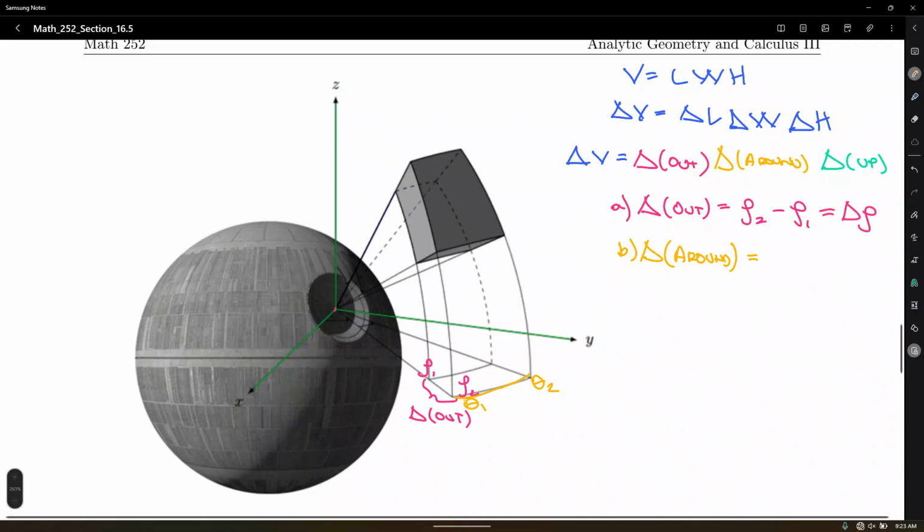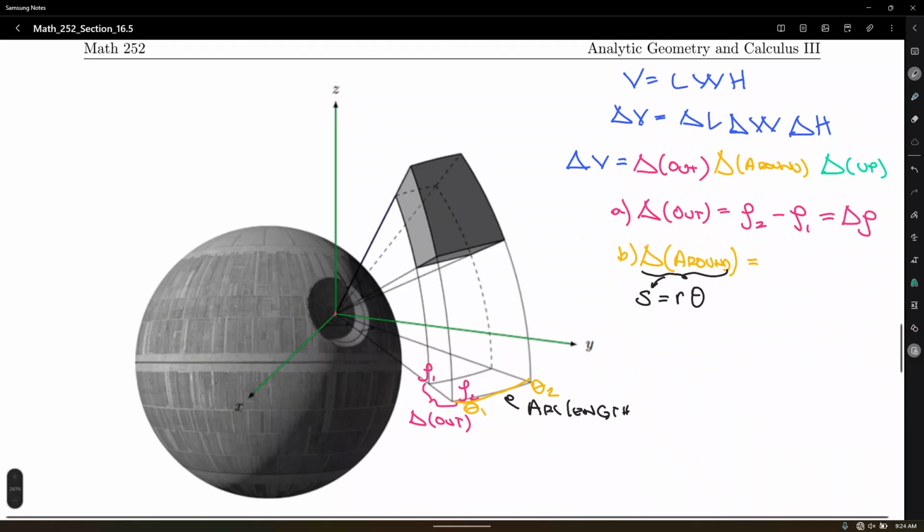So in this case, arc length. Let me do that on the side. S equals r theta. This is going to be our length S, r theta. In this case, we can use the letter r because this projection is a circular projection. It's not the sphere. It's just a circular projection onto the xy plane.